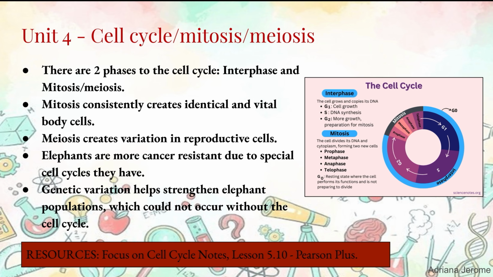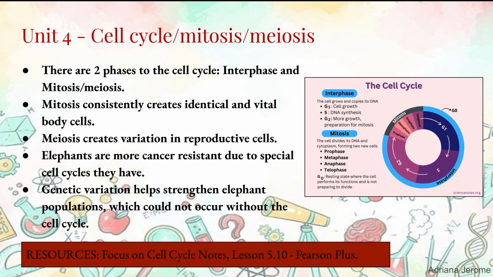In Unit 4, Cell Cycle, Mitosis, and Meiosis, we learned that the cell cycle is a huge helper in elephants' growth, repair of damaged cells, and reproduction. Mitosis helps create identical body cells, while meiosis is able to create genetic variation in reproductive cells.